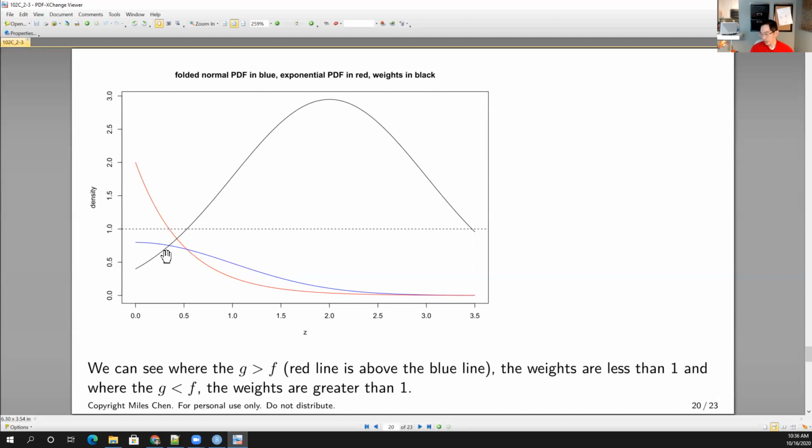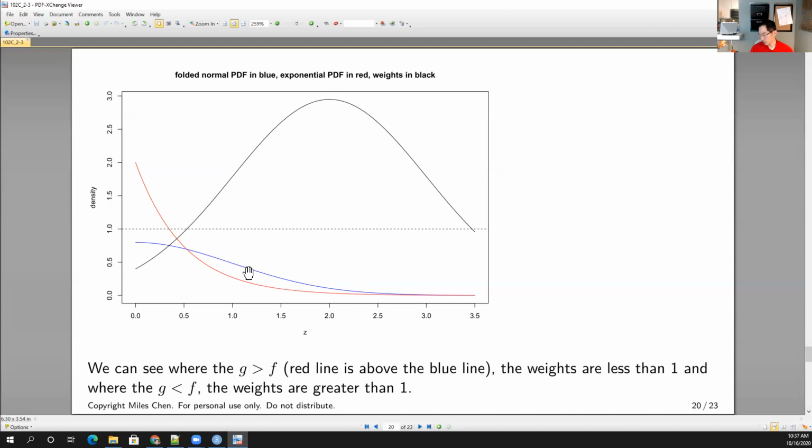Compared to the folded normal, which is this blue line, whenever you get a value less than 0.5, we have to weight those values less than 1. And then as we go farther away, we have to weight these values a lot more.